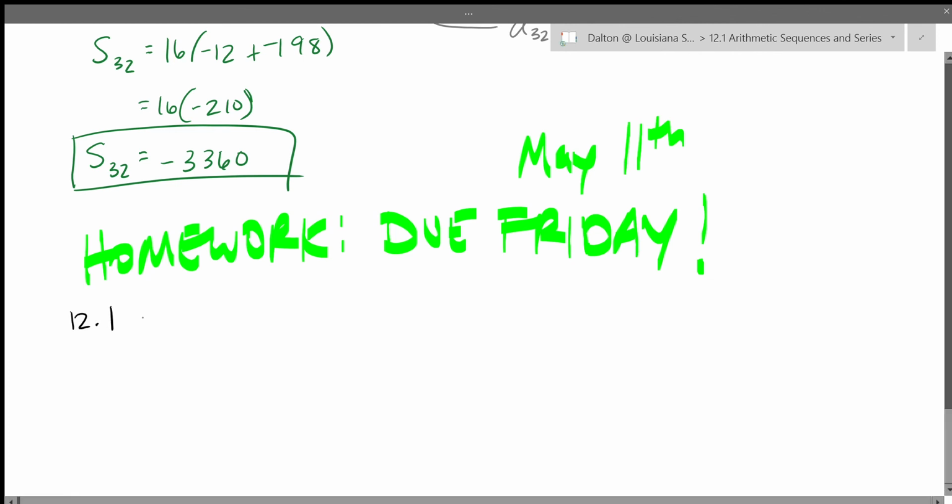So your first and only homework from the week is going to come from 2 sections, 12.1 and 12.2. The first one's going to come from page 763, and it's going to be numbers 23 through 40 and 44 through 46.